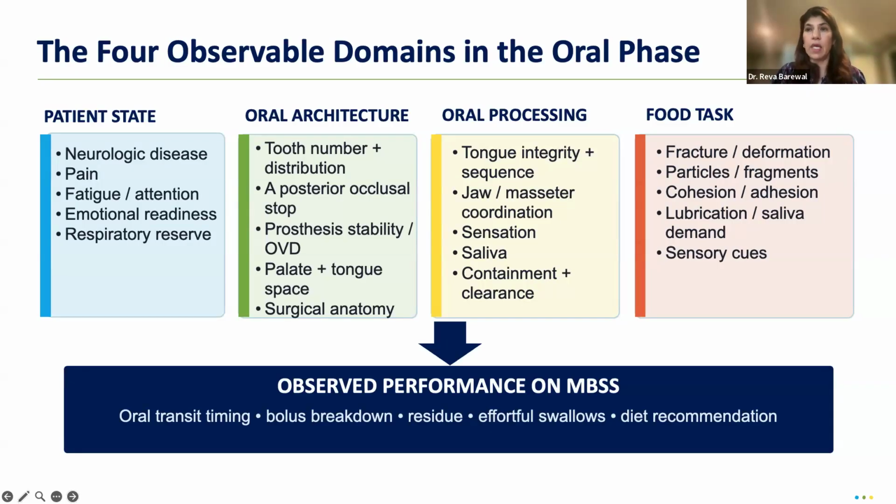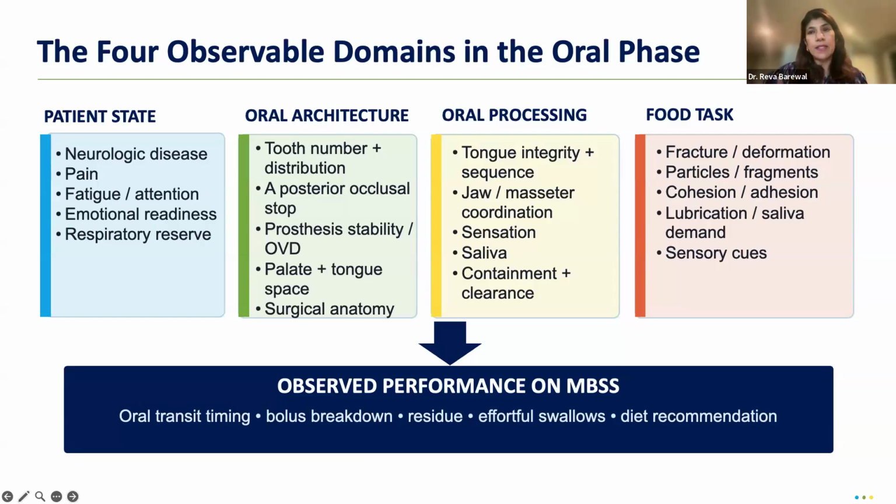So chewing ability and prosthesis stability are very important. Yes, they have dentures, but how stable are they? The vertical dimension, how big are they? Are they tiny? Do they fit the mouth properly? That actually changes their behavior. The palate, the tongue space, and any surgical changes that might have happened, such as in your head and neck cancer population, change that oral architecture.